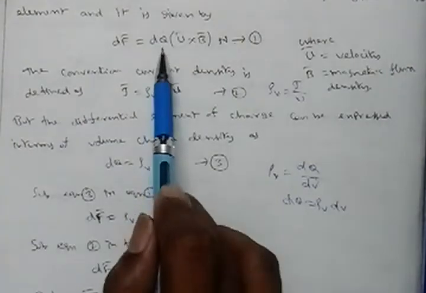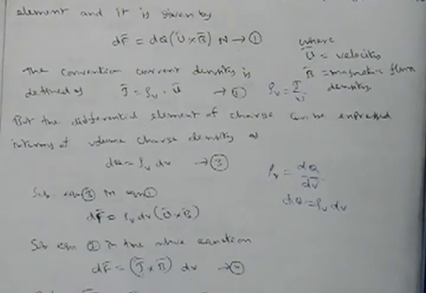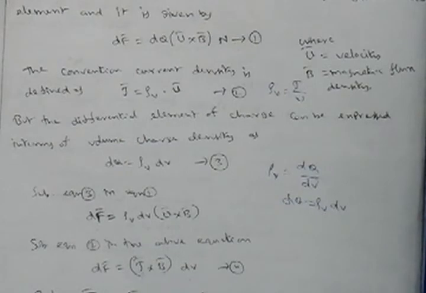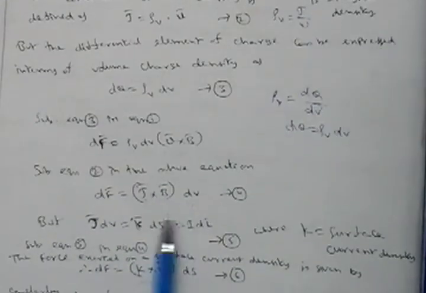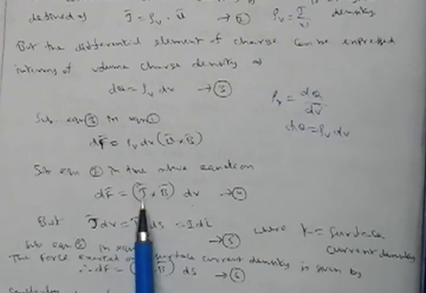Substitute this dq in equation 1 and you will get this. But rho V into V can be represented as J bar, and dV remains the same. So dF is equal to J bar cross B bar into dV.